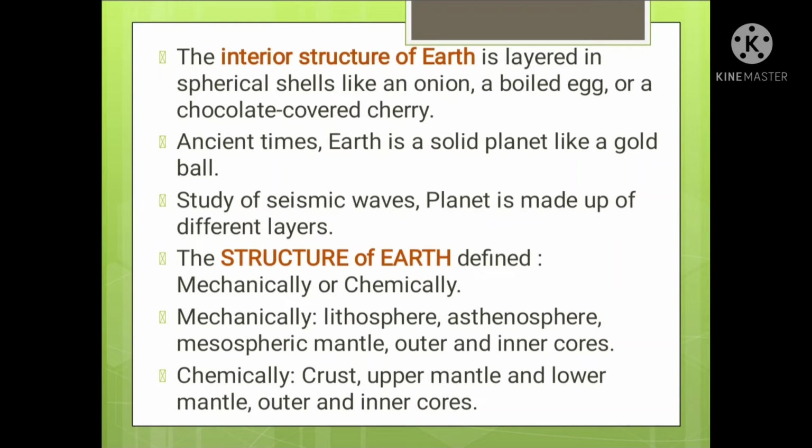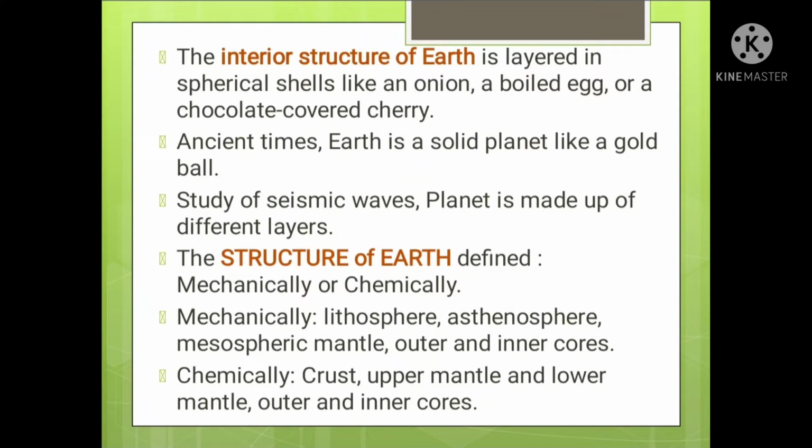The interior structure of Earth is layered in spherical shells like an onion, a boiled egg, or a chocolate-covered cherry. Ancient people believed that Earth is a solid planet like a gold ball. But take note, from the study of seismic waves, the planet is made up of different layers. So there are two ways to view the structure of Earth: mechanically or chemically.